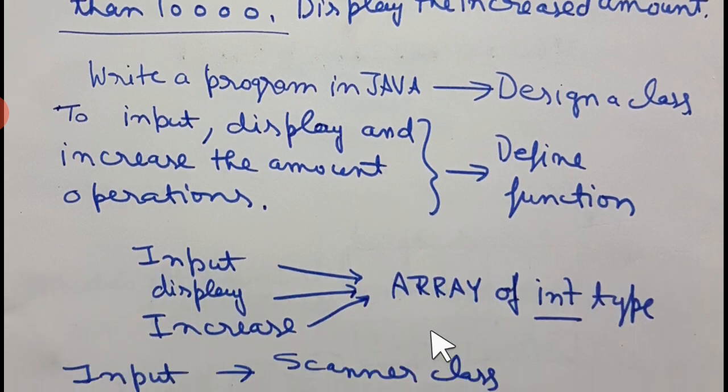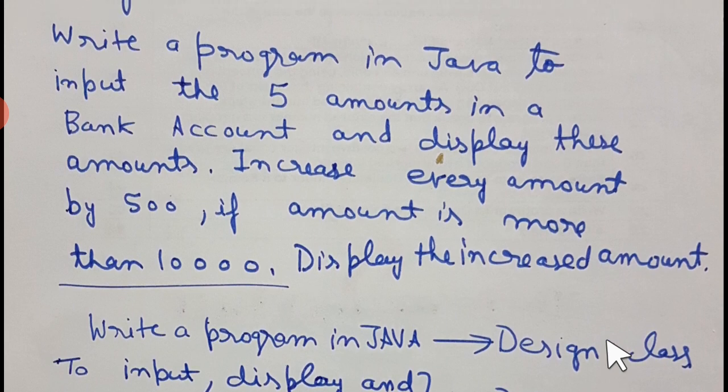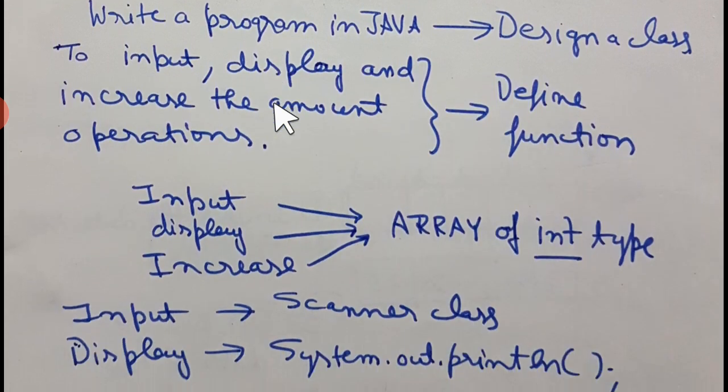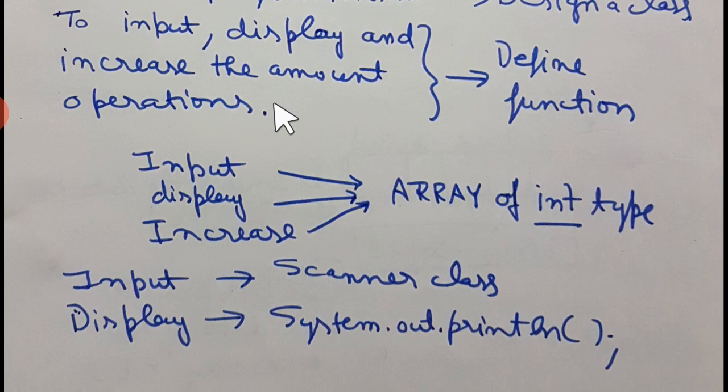These operations are performed upon an array of int type, and the size of the array is 5 amounts. For input we need the Scanner class, for display we need System.out.println, and the increase logic will be implemented. Now we'll see the program.